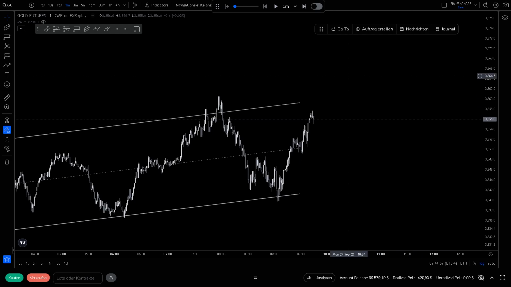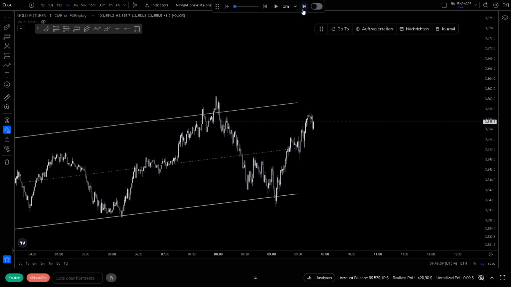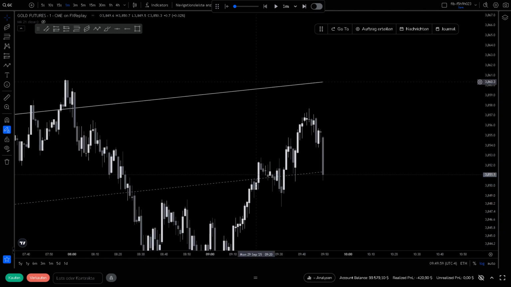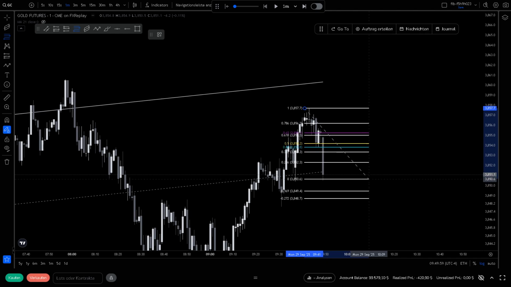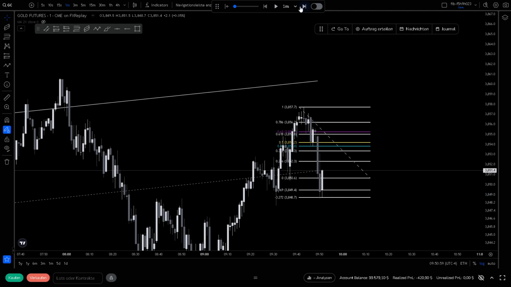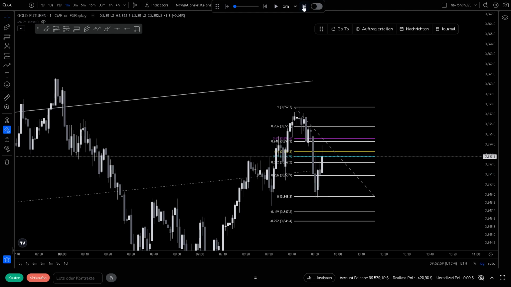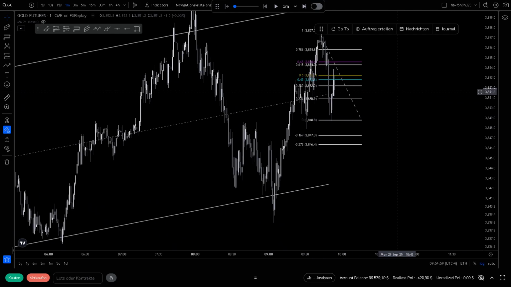Then we want to have a break and a retest. Break. Retest. But it's a little bit low to break, so that's not too nice, but it depends on the retest how it is. Retest.